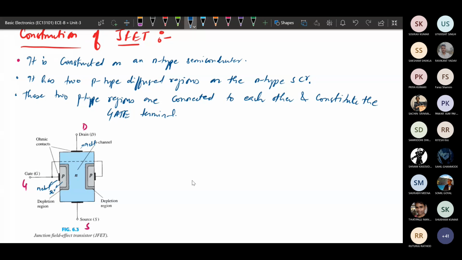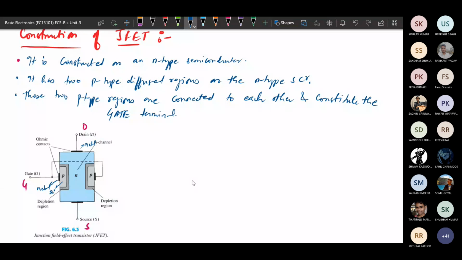And this channel is of n-type, because the substrate, or the basic region on which we have diffused the p-type semiconductor, was of n-type. So the region between these two gate terminals is of n-type.